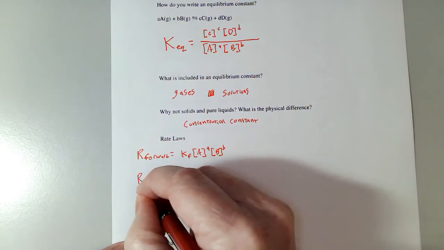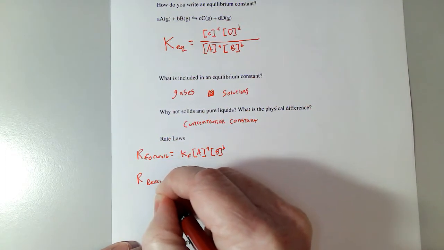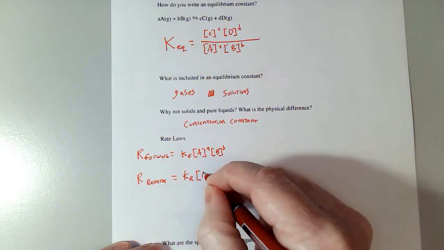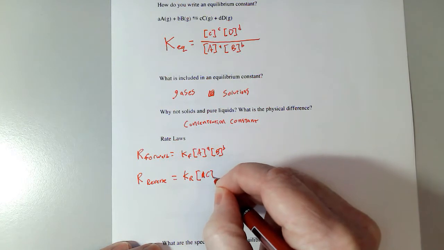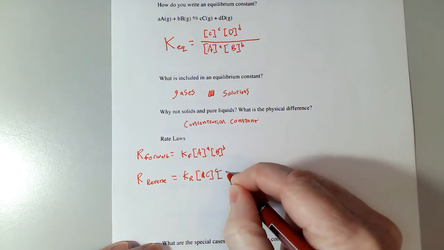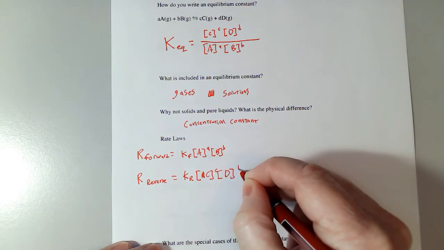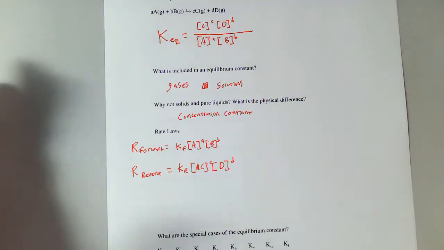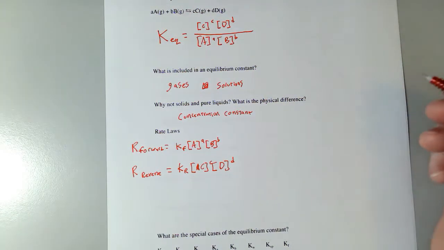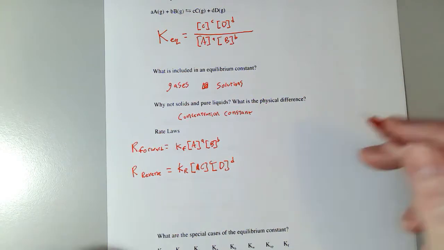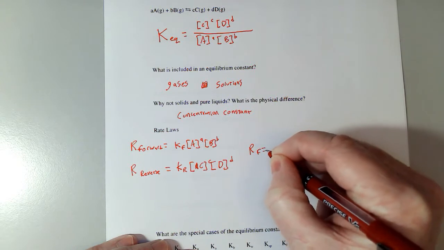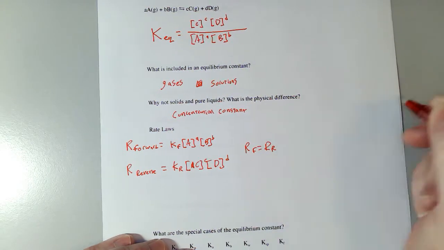Now, the rate for the reverse reaction equals K for the reverse reaction times the concentration of C to the C times the concentration of D to the D. Okay? So I have a forward and a reverse reaction. And my definition of equilibrium is when the rates of these two reactions are equal. So rate forward equals rate reverse.